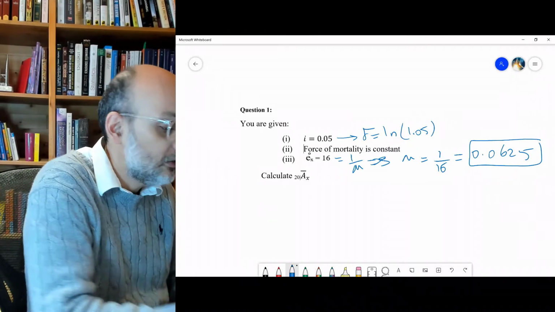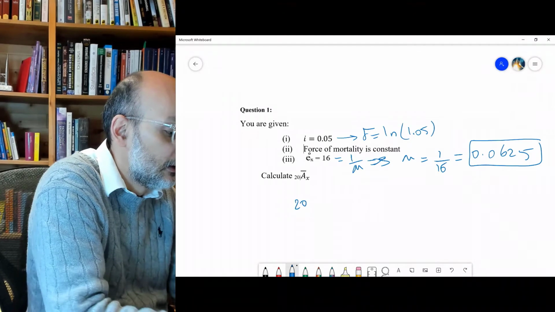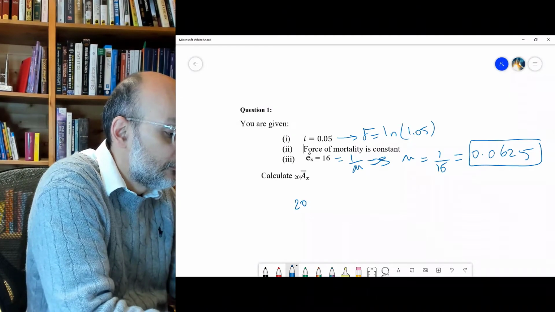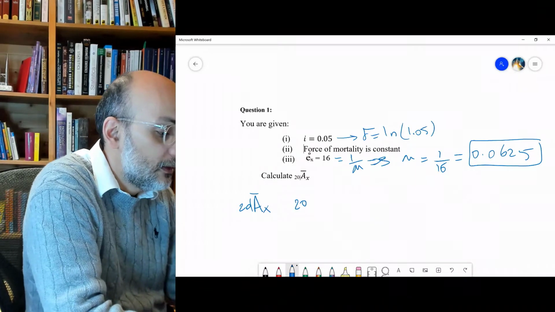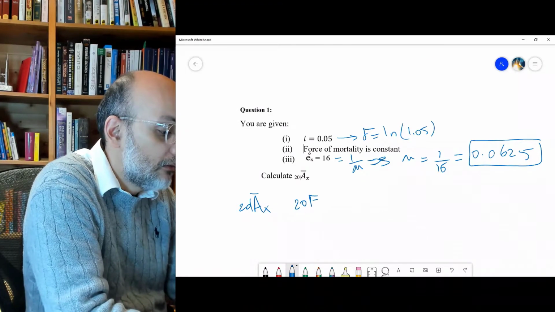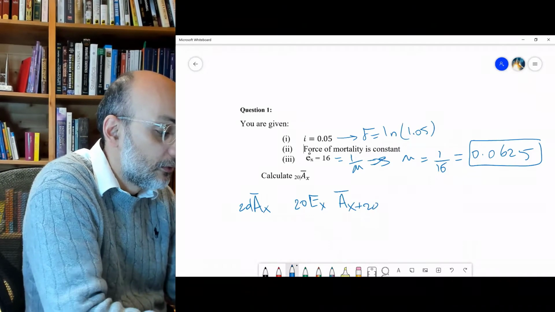But now the question is straightforward, right? Because this is a deferred annuity, deferred for 20 years, it is simple because now you have 20Ex times A-bar x plus 20, the general rule.